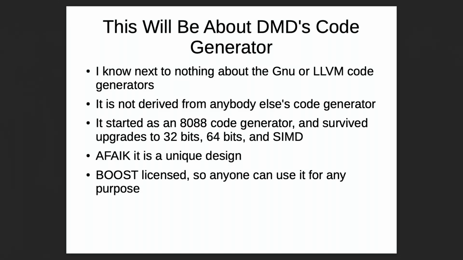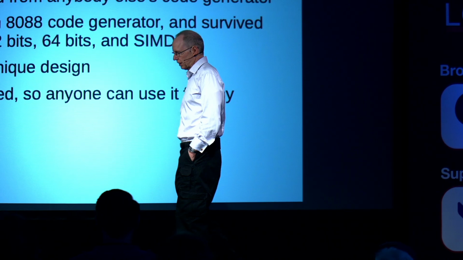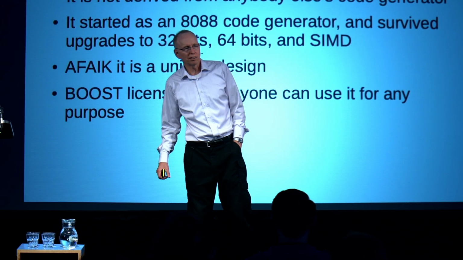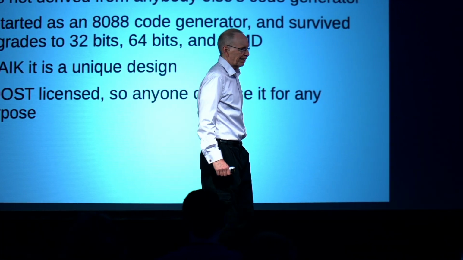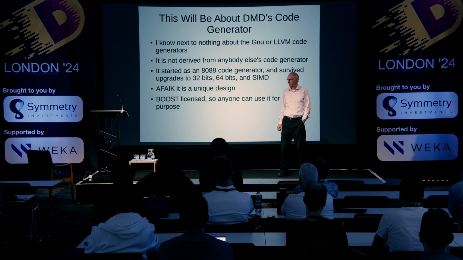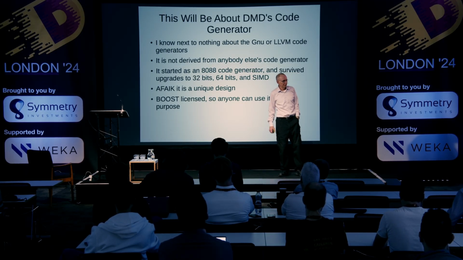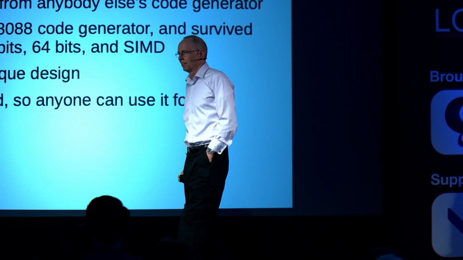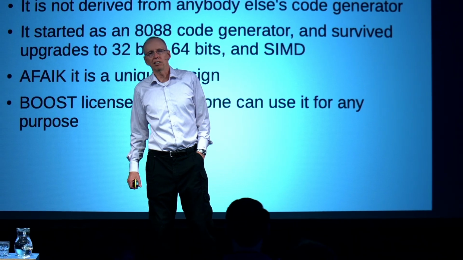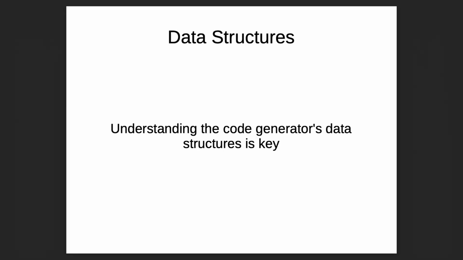The basic design has survived revolutions for the 286, the 386 32-bit code, 64-bit code, and now the Arch64 architecture. So I think it's basically a sound design because it's adaptable to all these different machines. It's also Boost licensed, which means anybody can use it for anything they want to. It'd be fun to see what someone can do with it.